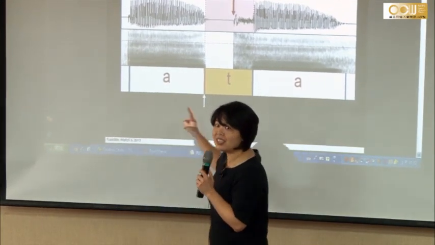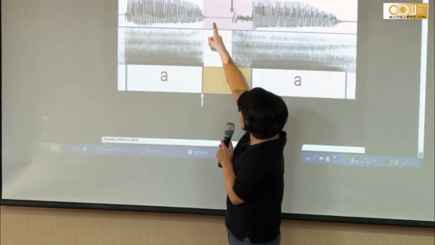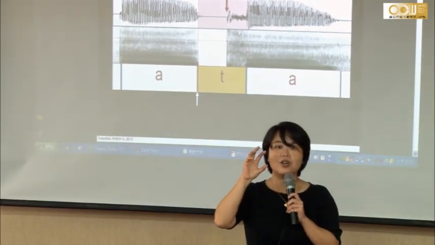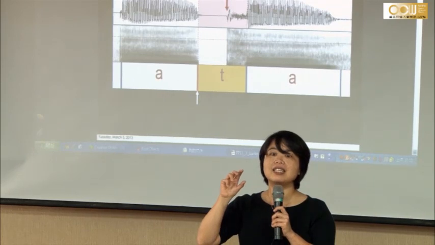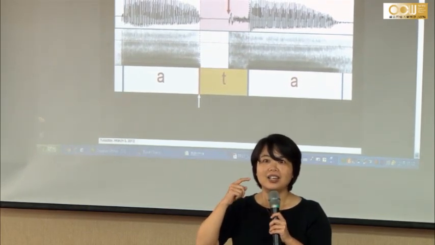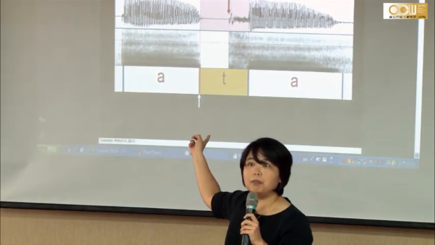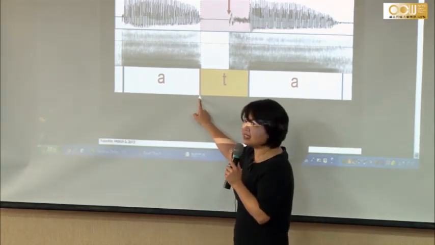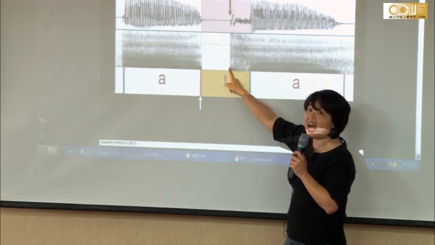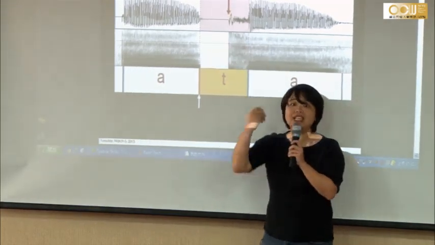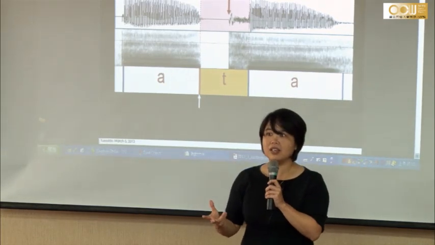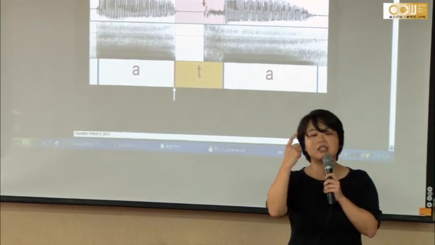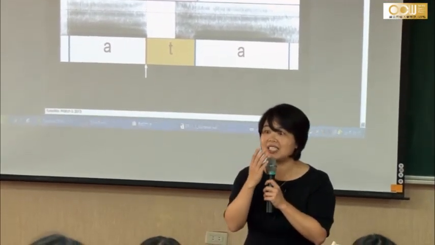What happened in between this arrow to here? Stop. Do you see there's nothing? There's nothing in your waveform and your spectrogram. You're holding it right there at ta. So when I was pausing there, that's the blank spot. At. This is ta. So this is where you release the closure. Okay? And then after you release the closure, remember I always talk about there's an aspiration coming out after your ta sound.